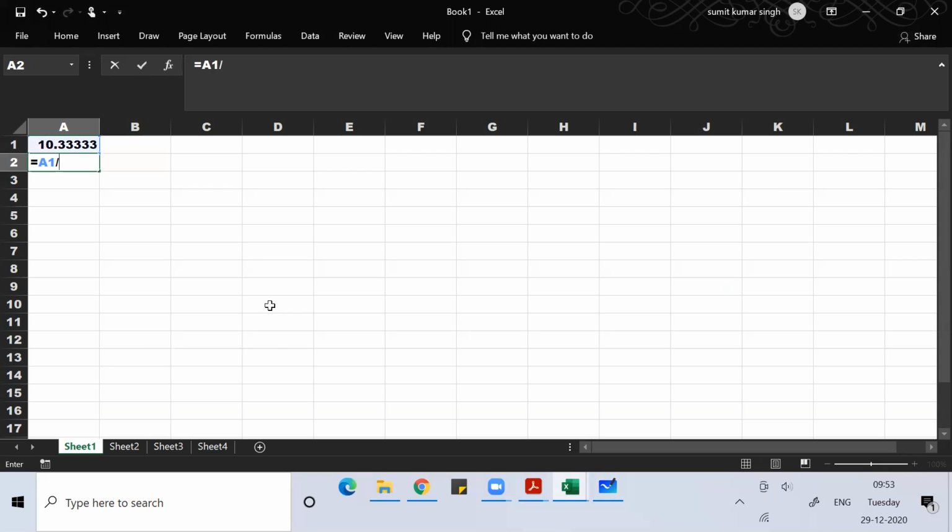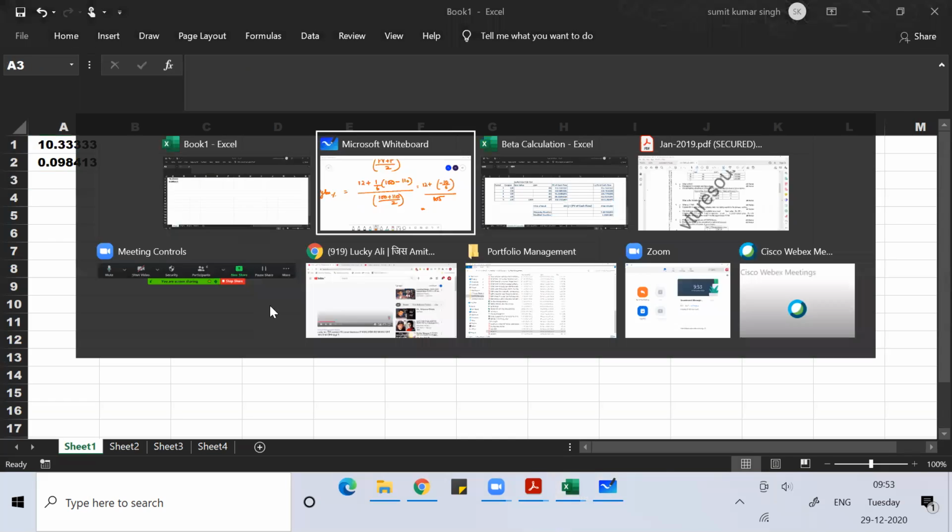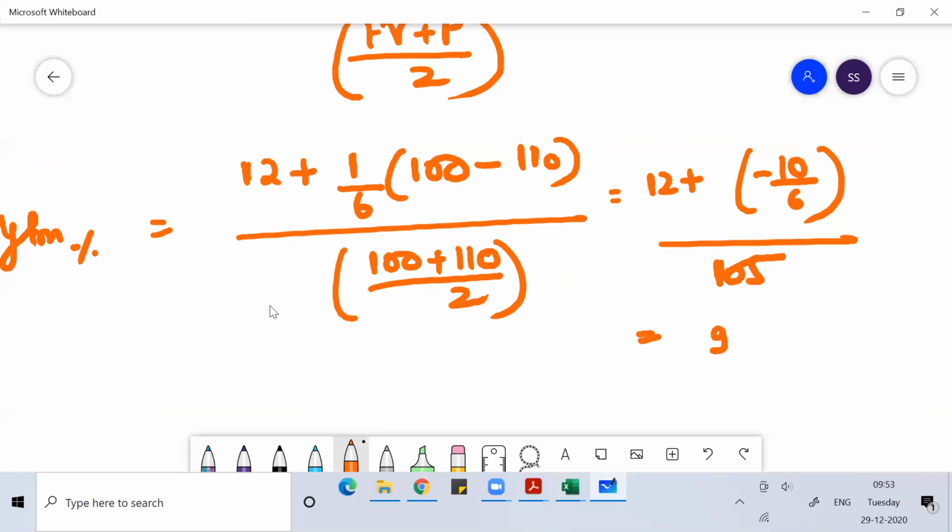This you divide by 105. So you'll get around 9.8841. That is your YTM. So I can take that as approximate 10%.